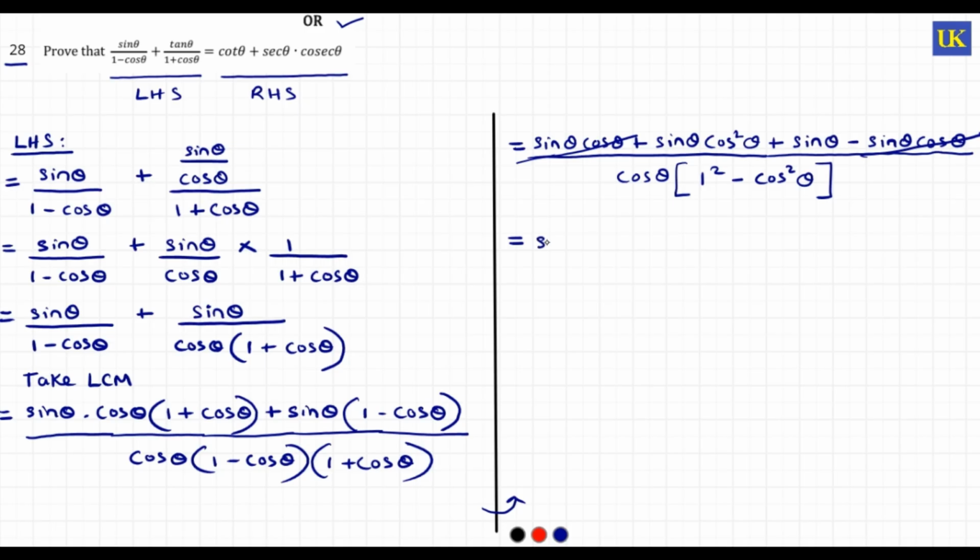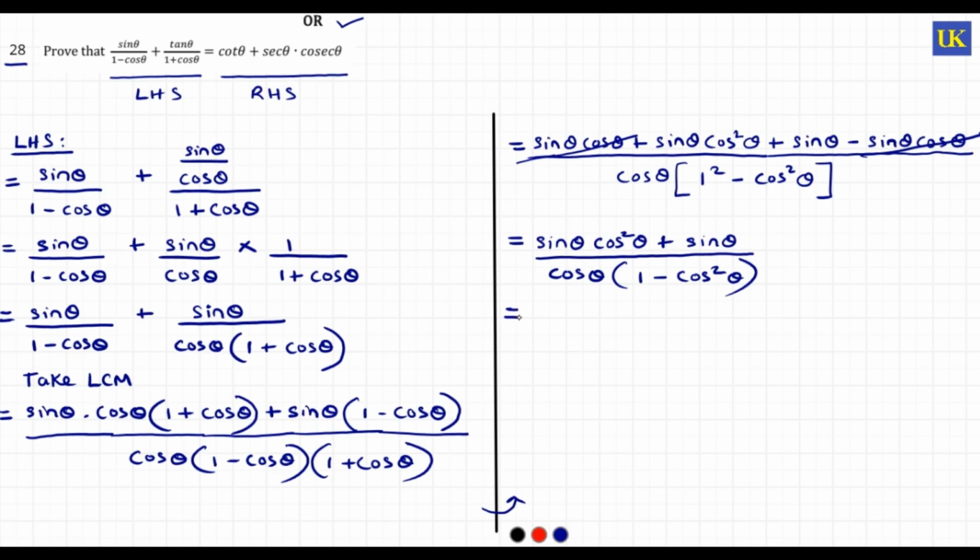So sin theta into cos square theta plus sin theta. Only this much part is remaining in the numerator. And in the denominator we have cos theta, and 1 square is 1, we have cos square theta. So this is what we have in the denominator.